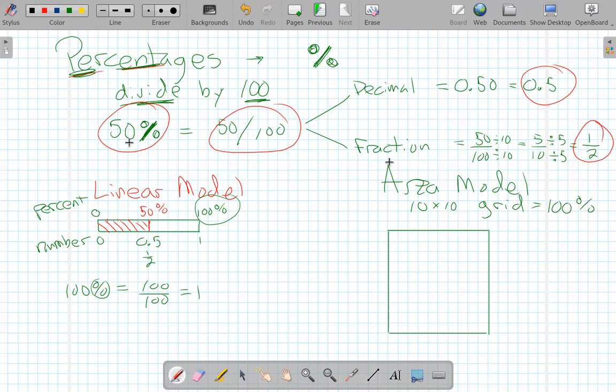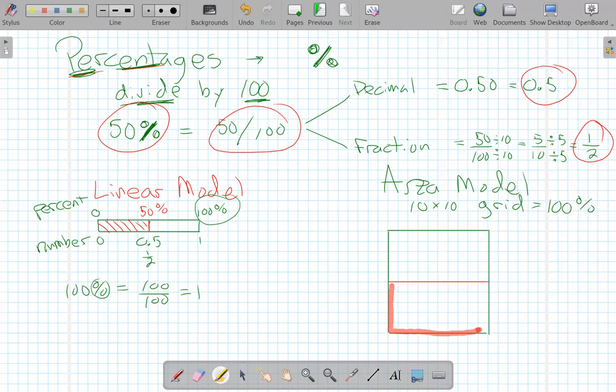So I can show what 50% looks like in a lot of different ways. Easiest way would be to just split this in half one way or the other. Maybe I'll split it in half vertically here. And then select part of this. How about this part right here?